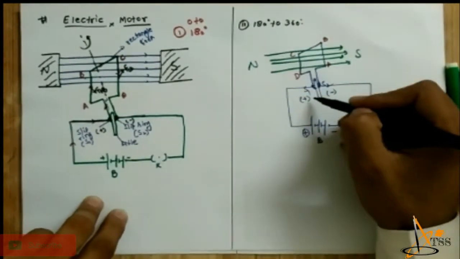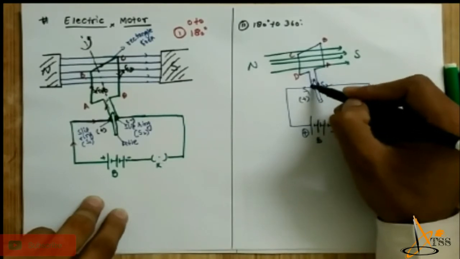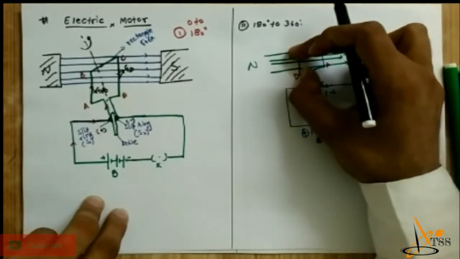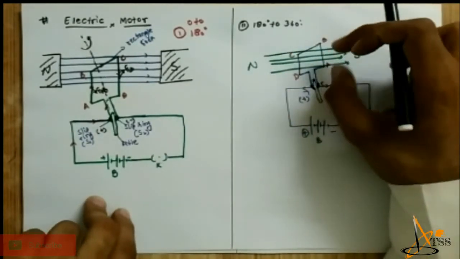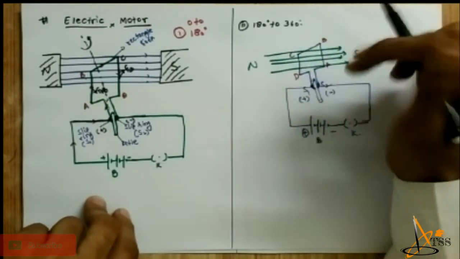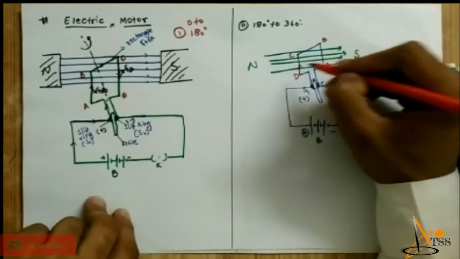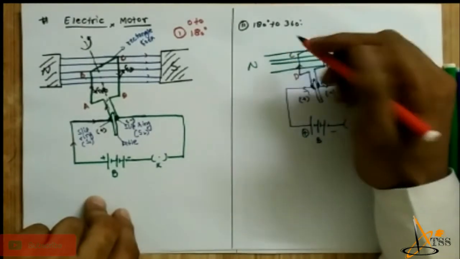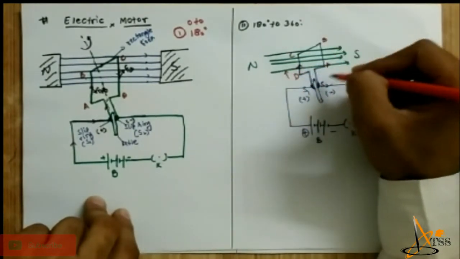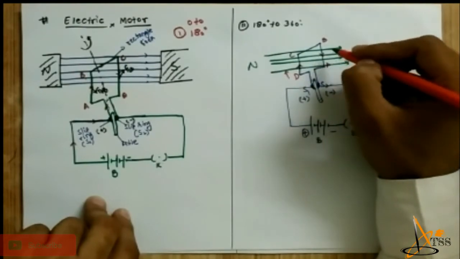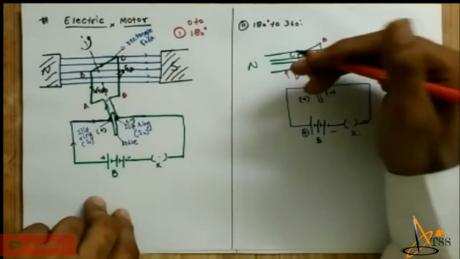So S1 is attached to part CD and S2 is attached to part BA. According to that, the current starts flowing from D to C in this direction, and from here the current starts flowing from B to A in this direction.